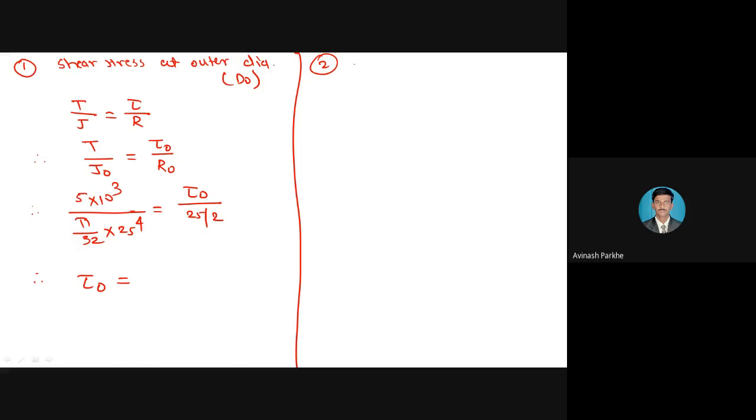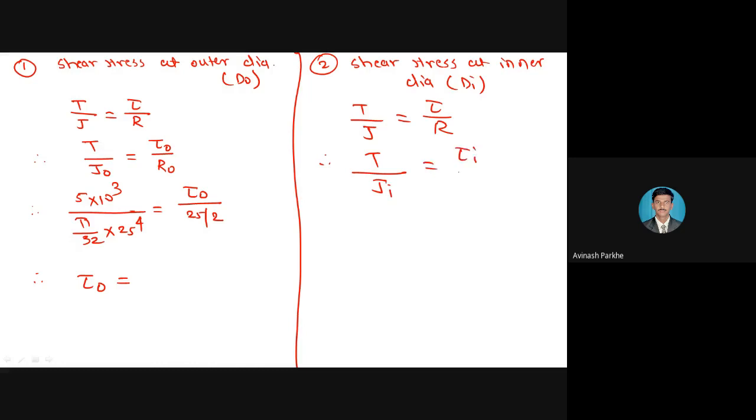Then second step: shear stress at inner diameter, that means DI. Again we have the common formula, T upon J is equal to tau upon R. Torque will be the same: T upon Ji is equal to tau I divided by Ri.